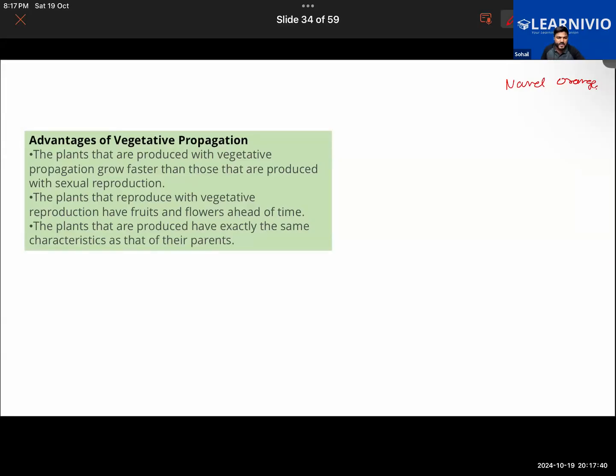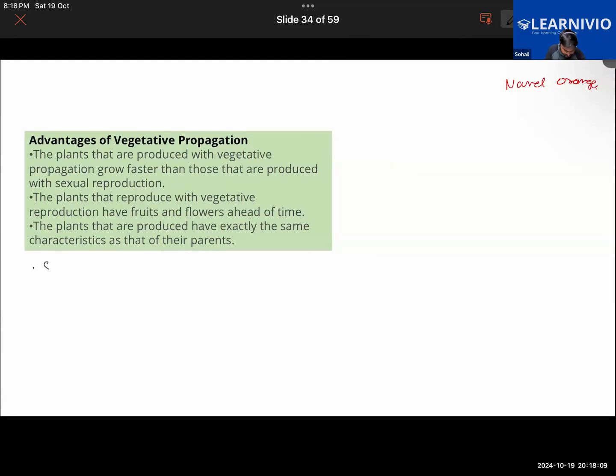Now, one of the advantages of vegetative propagation is that there are several plants, for example pineapple, some seedless grapes, or plants like banana, that can be grown only via the vegetative propagation method. There's no other option or alternative for that plant, right?